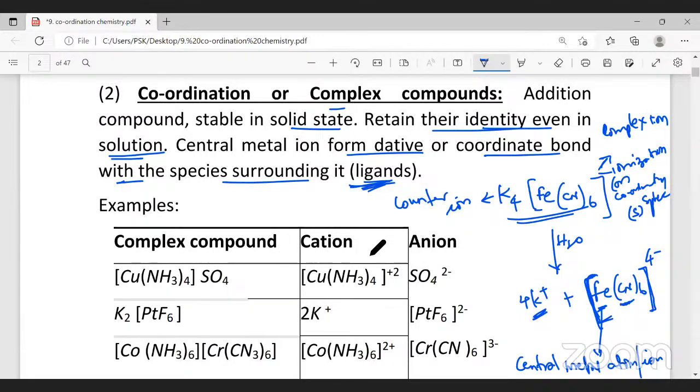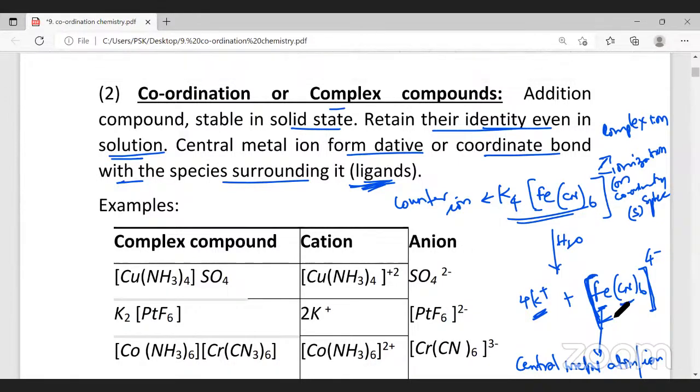It's an inorganic salt which contains a central metal atom or ion surrounded by a definite, fixed number of atoms, molecules, or ions, and is called a coordination compound.